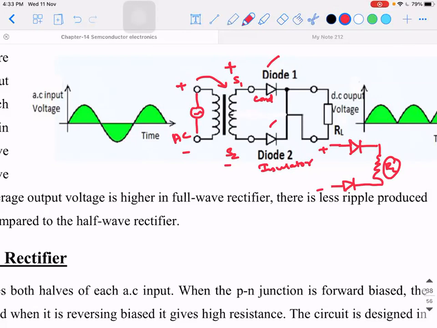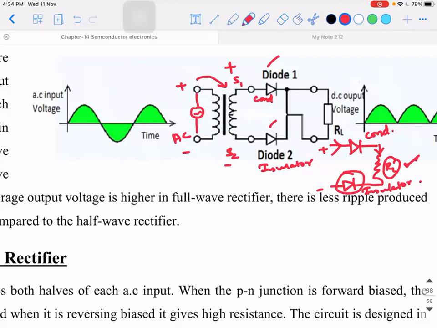So this is acting like a conductor. This is acting like an insulator. Then the current which is flowing through this, though it flows through RL, will it be able to complete the circuit? No, because it is encountering an insulator on its path. So it is very clear that I'm not supposed to use my load resistor here.